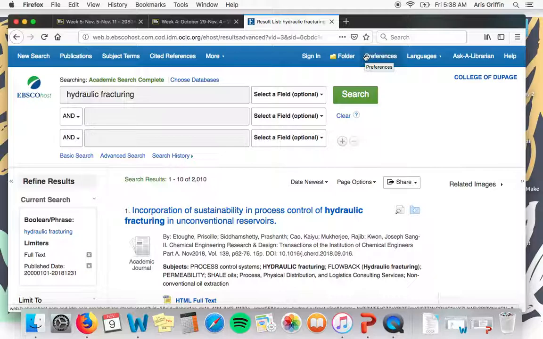So I would recommend when you're researching for this project, you look at CQ Researcher, Issues and Controversies, and you also look at Academic Search Complete. And additionally, maybe you have a source from the internet that's an organization, so it ends in .org instead of .com, or it's a government document, .gov, G-O-V.